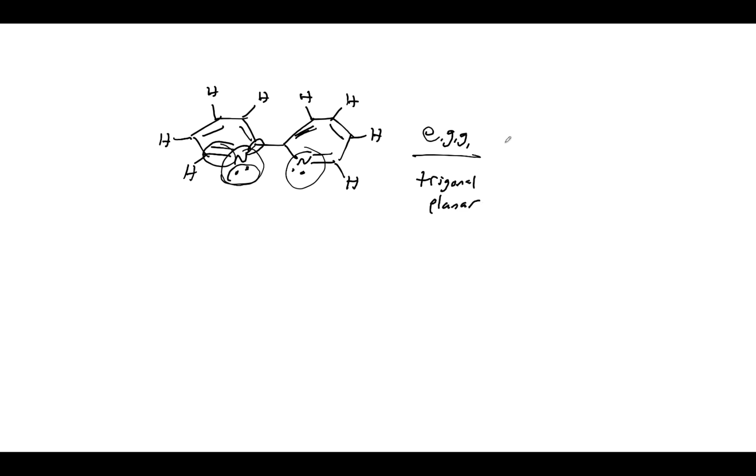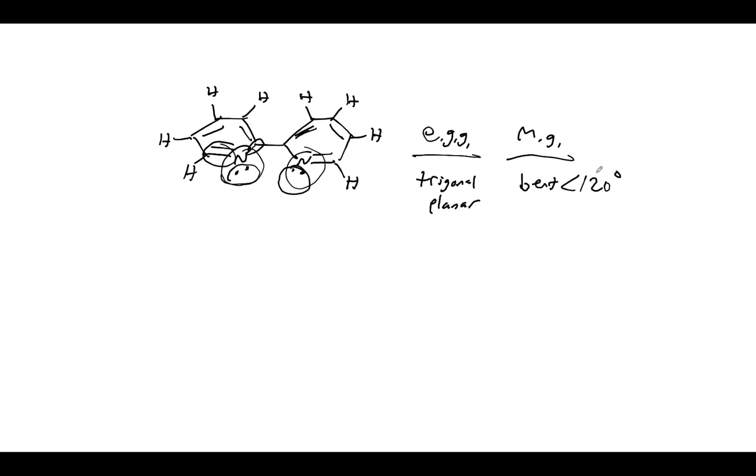Okay. Now for the molecular geometry, we know that because there's just one lone pair, this molecule is going to be bent, and in fact it's going to be bent less than 120 degrees.